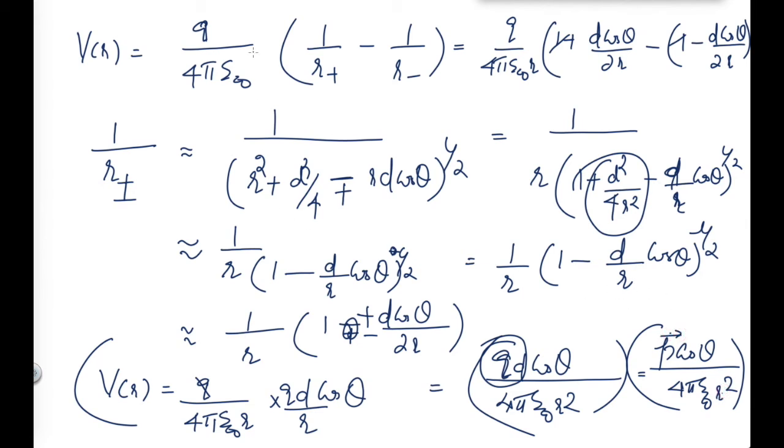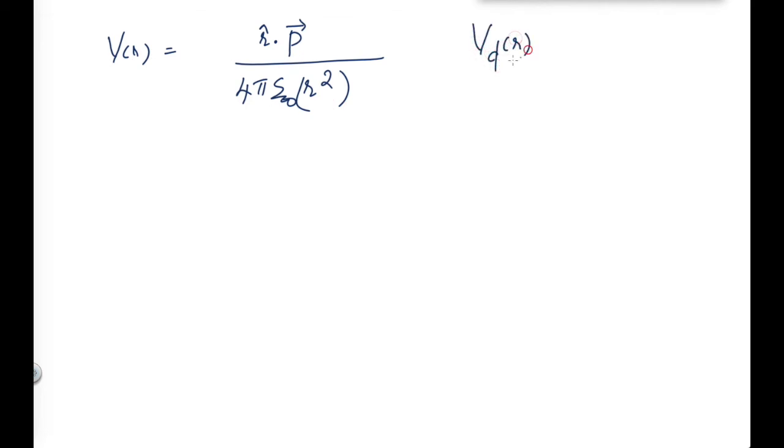So you can write it as unit vector r dot p, where p is the dipole moment, which is directed from negative q to positive q, by 4 pi epsilon 0 r square. Okay. So you can see here V of r due to a dipole is proportional to 1 by r square rather than 1 by r as for a point charge.